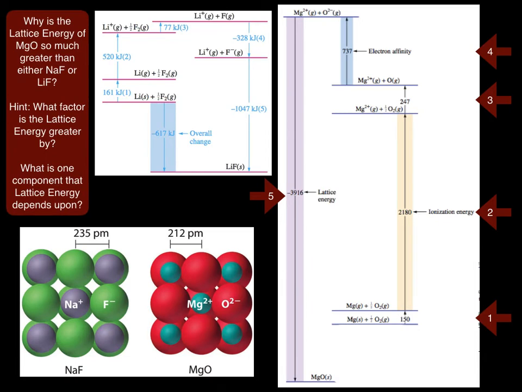Note how lithium fluoride's lattice energy was negative 1047 kilojoules per mole, whereas the magnesium oxide's lattice energy was negative 3916 kilojoules per mole. They differ by an approximate factor of 4. Can you decipher where the source of this difference lies?